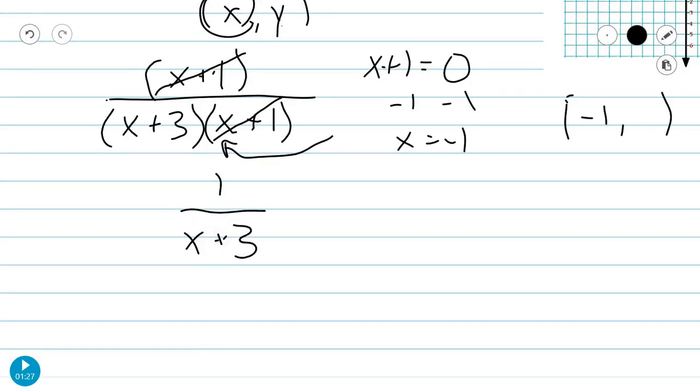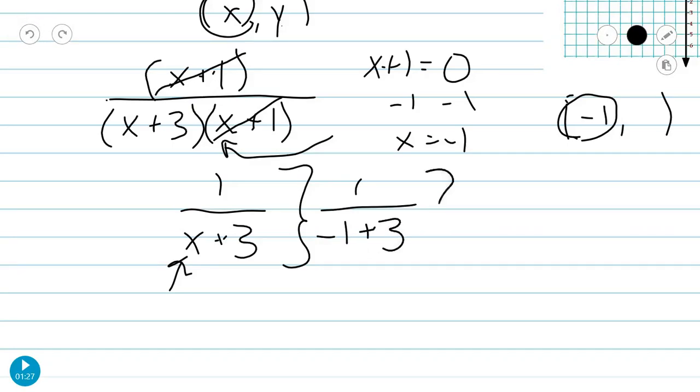So this is the simplified form of my original equation. Now I'm going to plug in the x coordinate of my hole into x, and I'm going to solve for y. So this is equivalent to 1 over 2. So my y coordinate is 1/2.